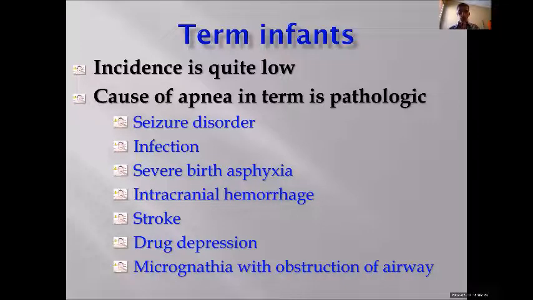Look for the causes. The most common causes are seizure, infection, asphyxia, hemorrhage, stroke, or NAS, neonatal abstinence scoring, either withdrawal and seizure or depression from mom taking medication, or sometimes an obstructed airway. The most common infection that causes apnea in term babies is RSV infection, also sepsis and other infections.